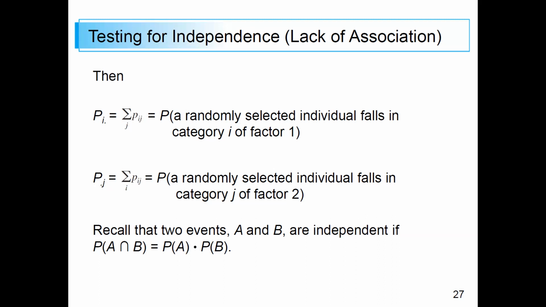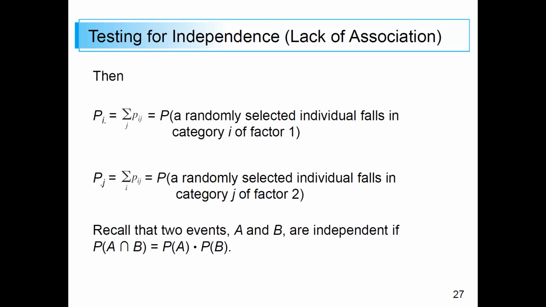One is that this individual has row factor level I, and the other is that the individual has column factor level J. Once these two events are independent, the probability of the intersection will be equal to the product of the probabilities of each of them.